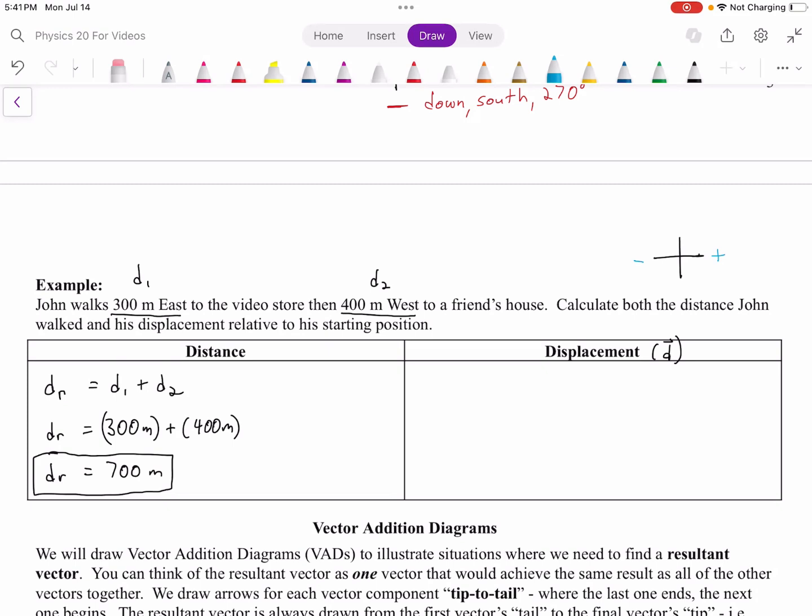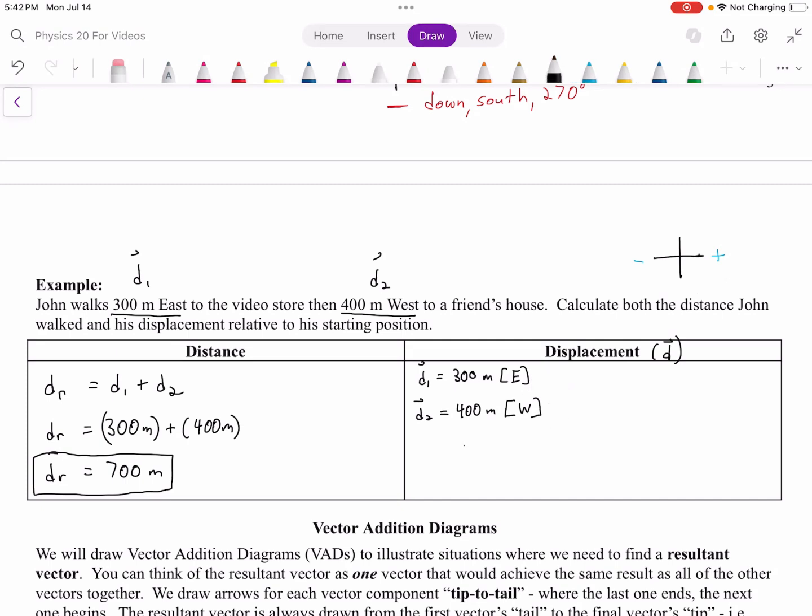Okay, so now we don't have distances here. We actually have displacements, D1, D2. Displacement 1 is 300 meters east, and displacement 2 is 400 meters to the west. Okay, now when it comes time to add them, I'm going to have to give them opposite directions.